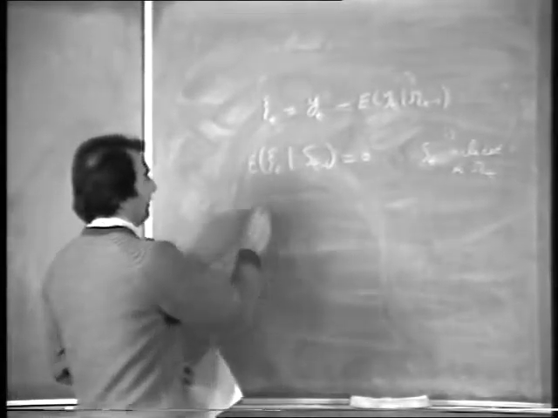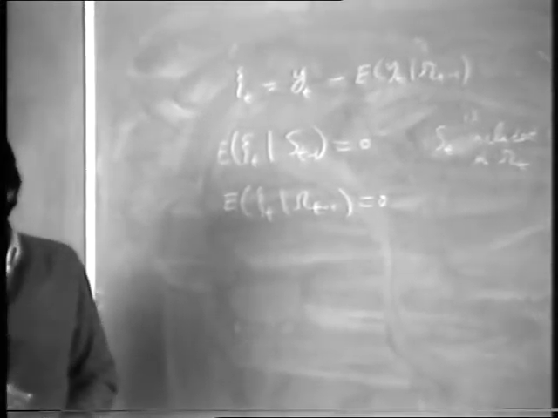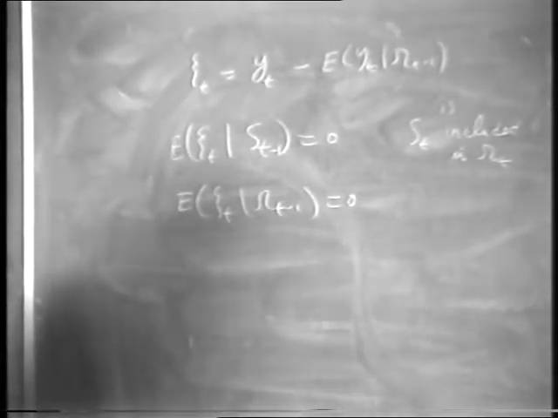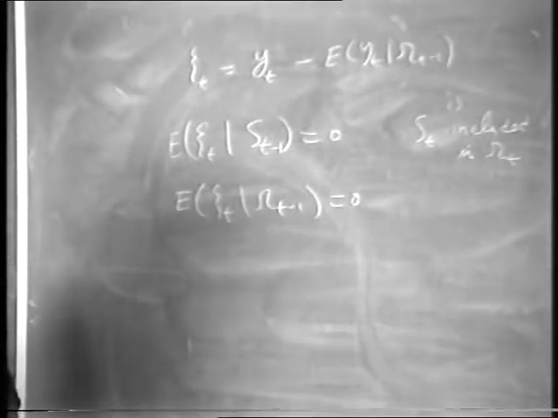Now, the fact that this is also orthogonal to the whole information set available at time t minus 1 follows as well. And this again follows from the iterated operation that we talked about just a minute ago.